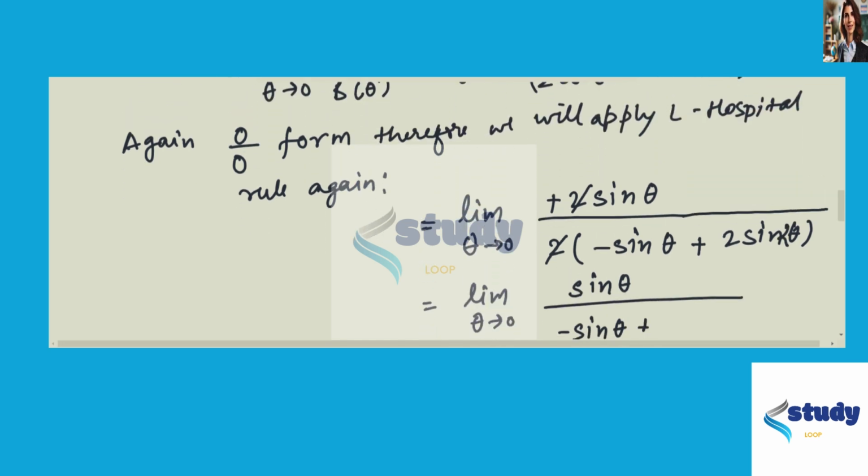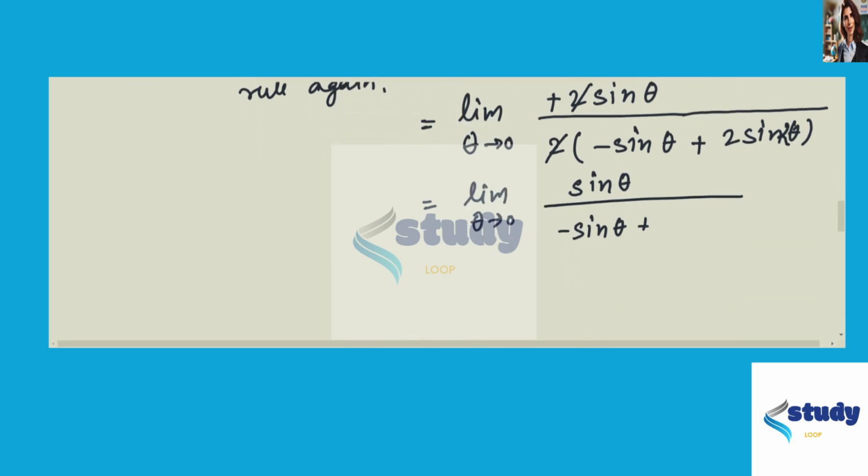This should be sine 2 theta here. So here it will be 2 sine theta cos theta, so this will be 4, 2 into 2 will be 4 here, right?